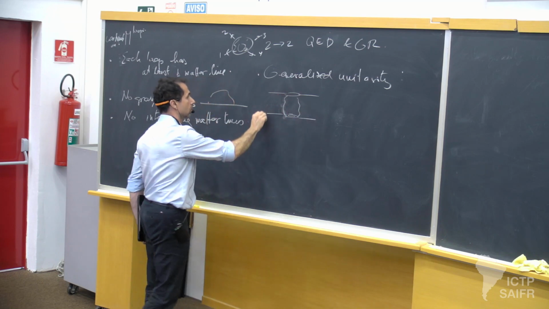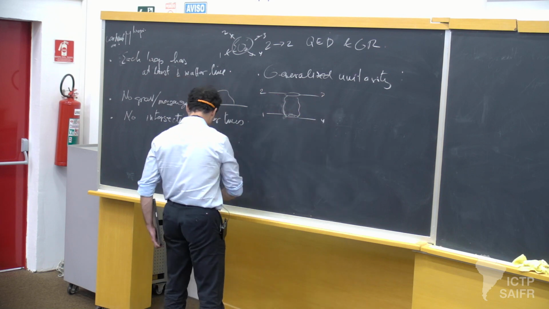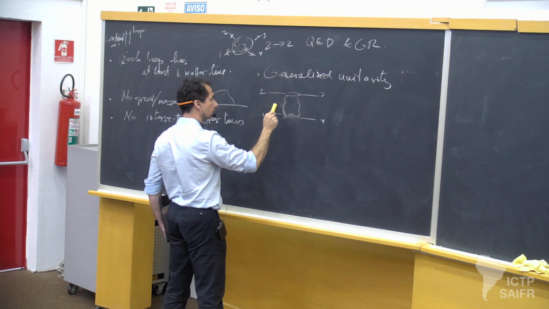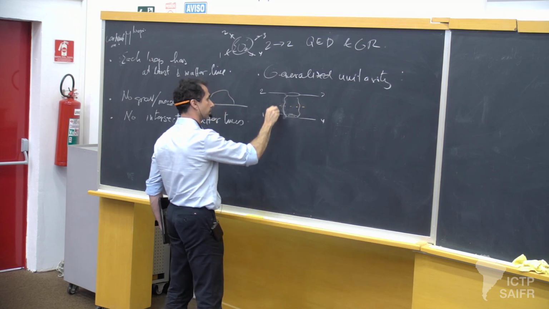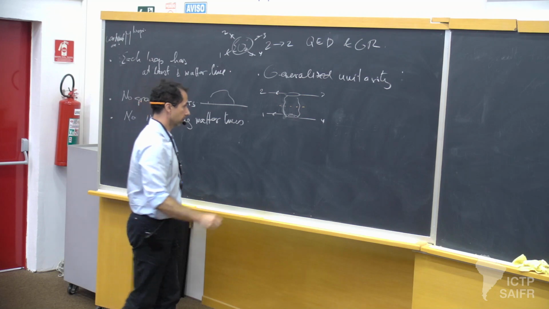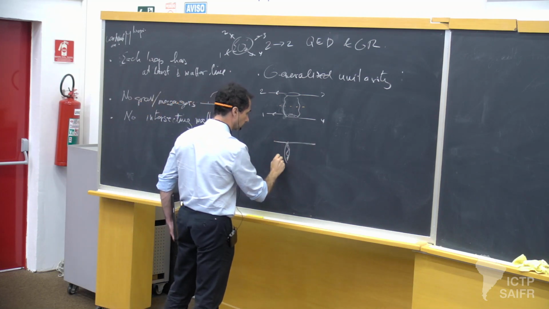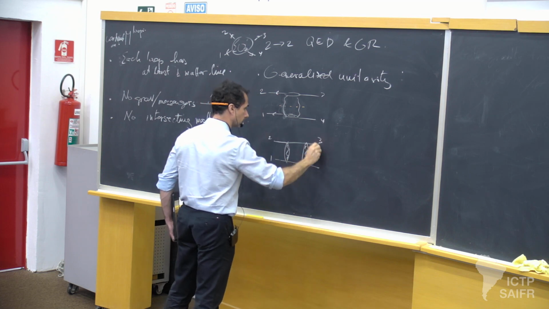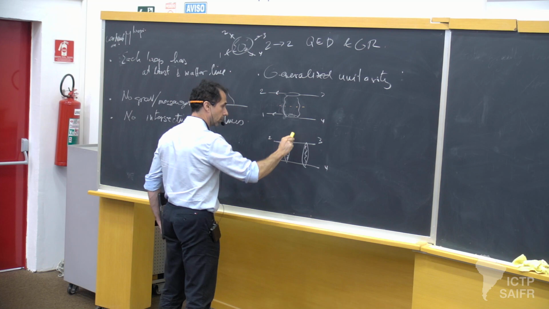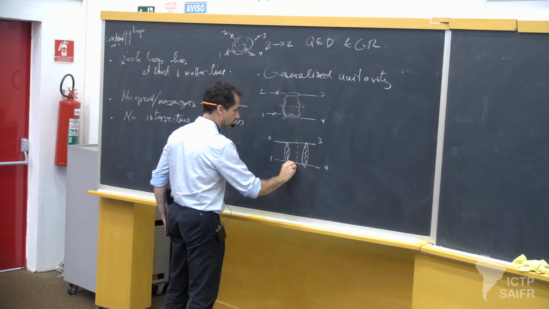So let's see. For a 2 to 2 one loop amplitude, we have two kinds of cuts. This one, so this is 1, 2, 3, 4, and these lines are cut. And then there is another one, and in here, these are matter lines that are cut.